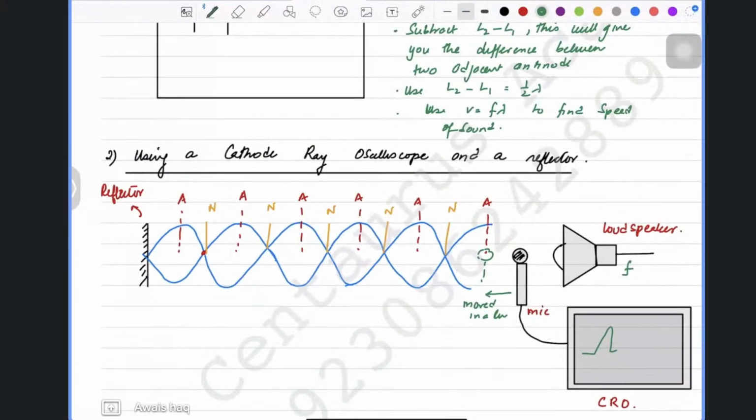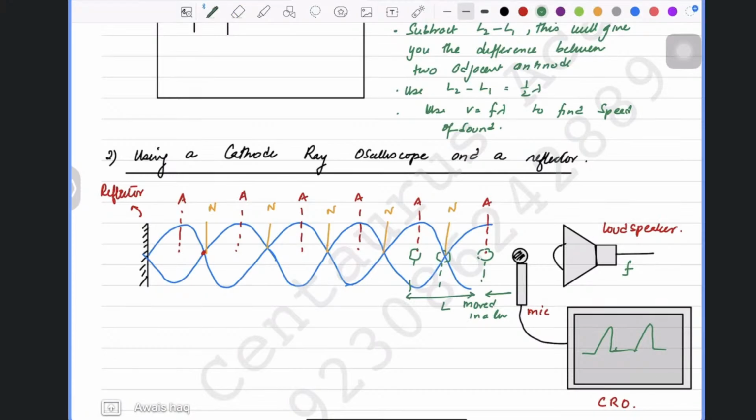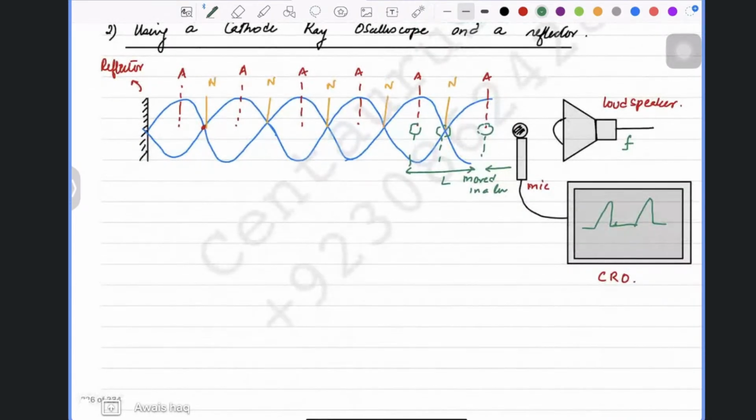And then as it's moving, when the microphone reaches here, it will display no wave. And then when it reaches here, it will again display another loud sound. So what we can do is find the difference between them. When two loud sounds are found, we can find this length. This length that we have moved would be the distance between two antinodes, and we can see it from the CRO directly. So this is pretty easy.